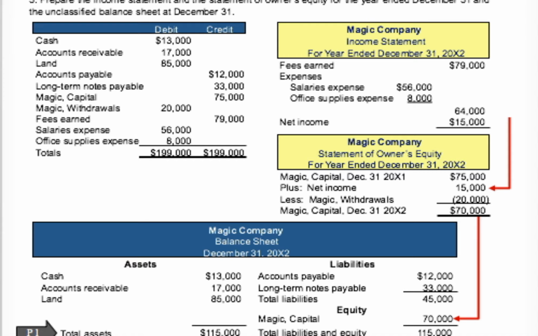Then the final two accounts are expense accounts, and those again are subtracted on the income statement. Net income of $15,000 is transferred to the statement of owner's equity, and the ending capital balance is $70,000. Ending capital balance is then transferred to the balance sheet, so total liabilities of $45,000 plus ending capital of $70,000 equals the combined total of $115,000.